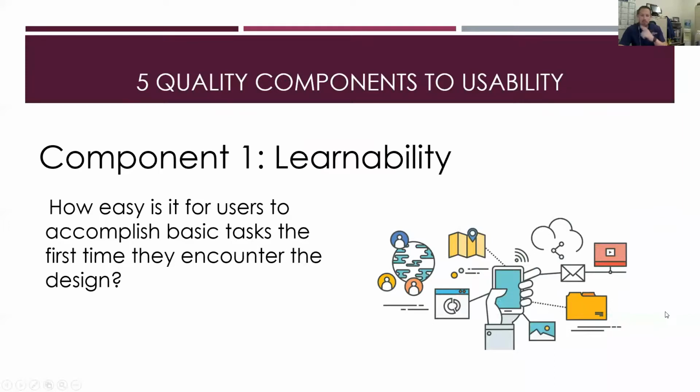There are really 5 quality components to usability. Component 1 is learnability. How easy is it for a user to accomplish basic tasks the first time they encounter the design? I think this is the most important thing, which is why it's the first component: when somebody goes to your website, how easy is it for them to find the information they're looking for? In everyday life, I think this is exactly what we all look for.